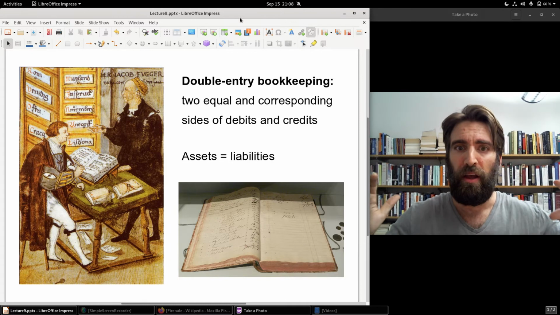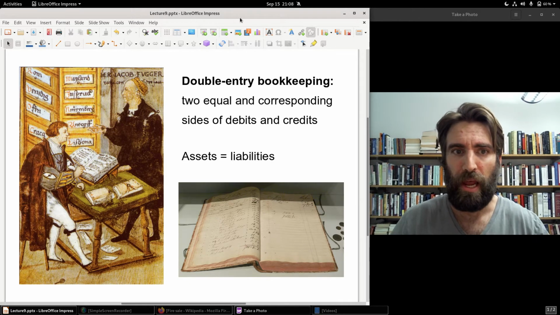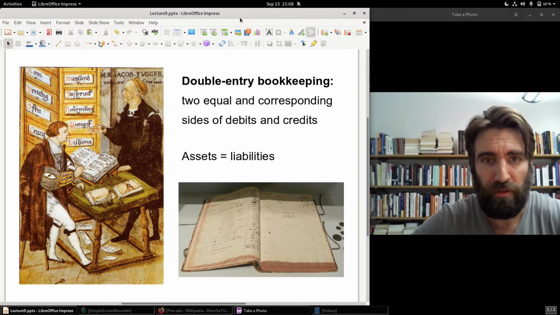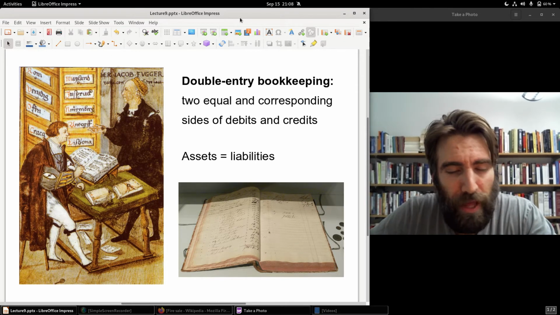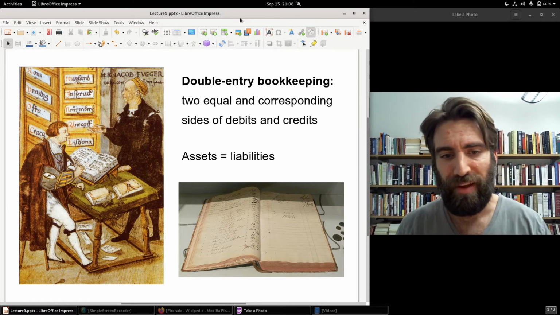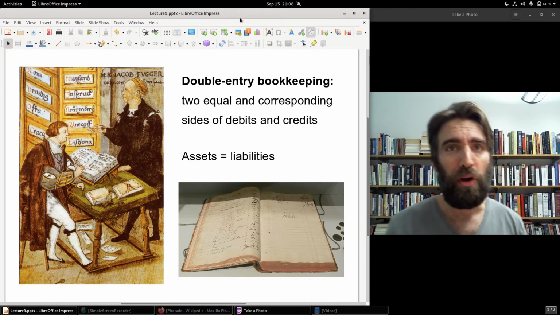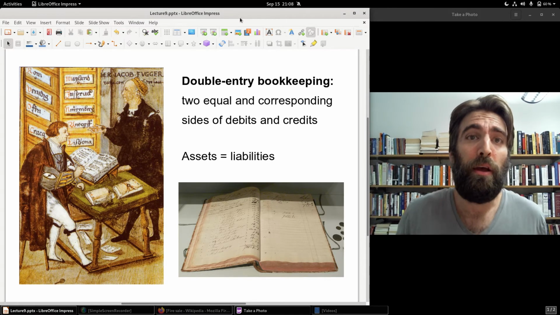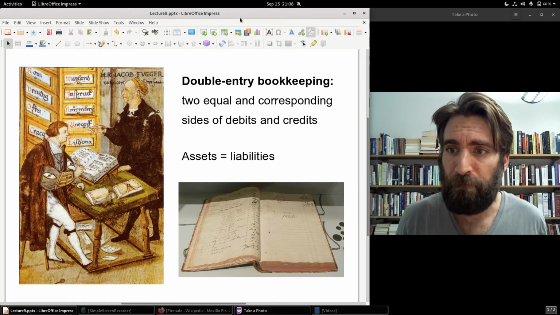Whenever there's a debit, there must be a credit, and everything must correspond. The debits and credits on both sides must be equal. So this was a really big advancement, the Italian mastery of the double entry bookkeeping system, that furthered banking during this Renaissance era.